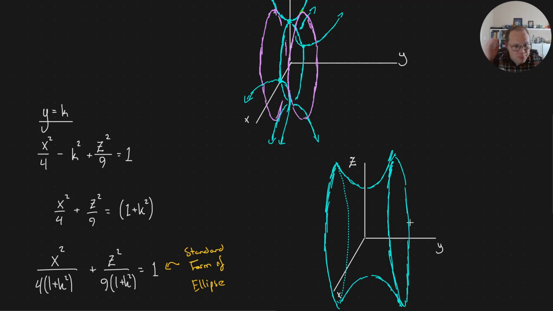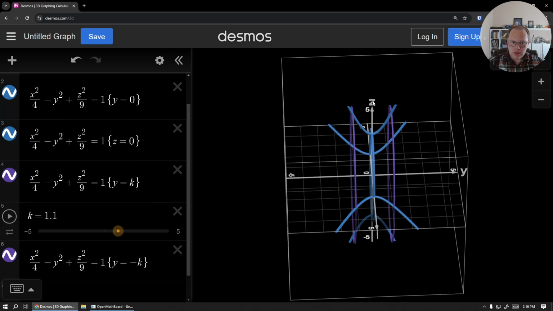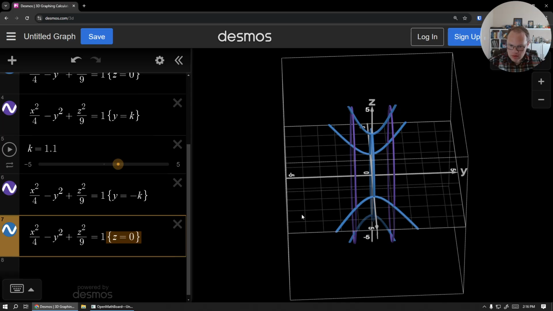I get a hyperboloid of one sheet. Let's see that here.